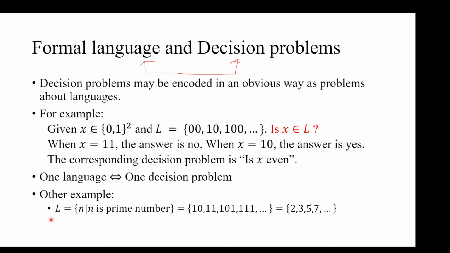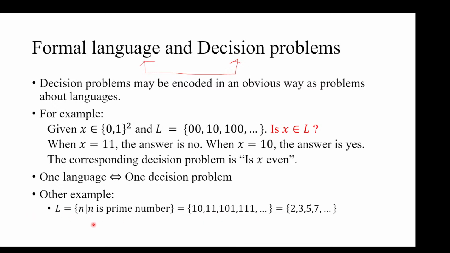And here we give a harder decision problem. The previous decision problem is pretty easy: you want to see whether the string is even, you just look at the last bit to see whether it's 0 or 1. But we can have a harder decision problem, that is, can you decide whether a number is a prime number? So you can have your language be the set of n, where n is a prime number, written in binary.